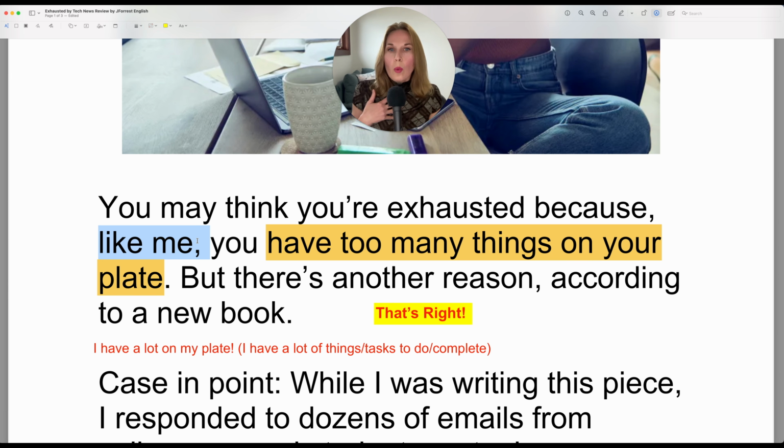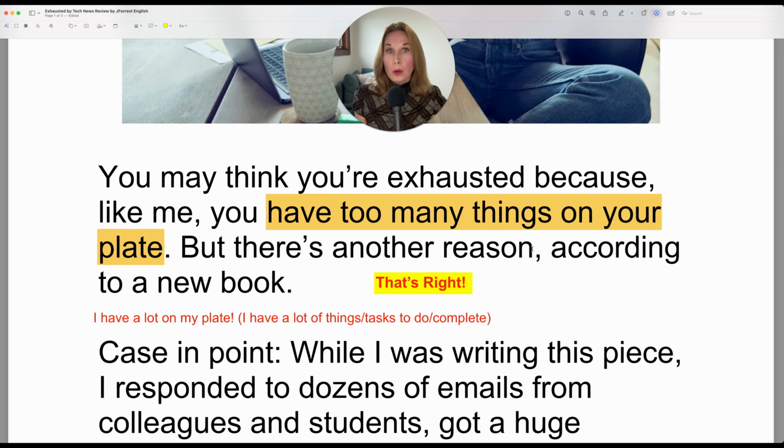Like me. Well, the author is saying this is the reason why I think I'm exhausted, because I have so many tasks to complete. I have so much on my plate. So you can make the statement sound more personal or show your relationship by using like me, like us, like him, like our company, whatever the reference is.